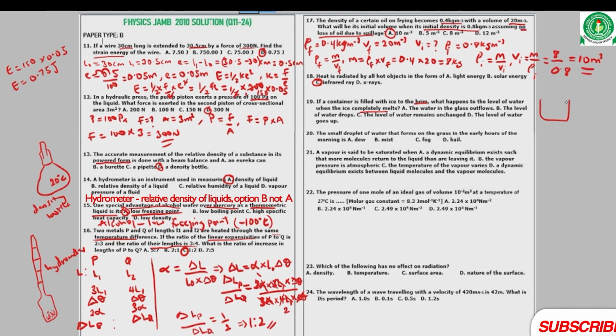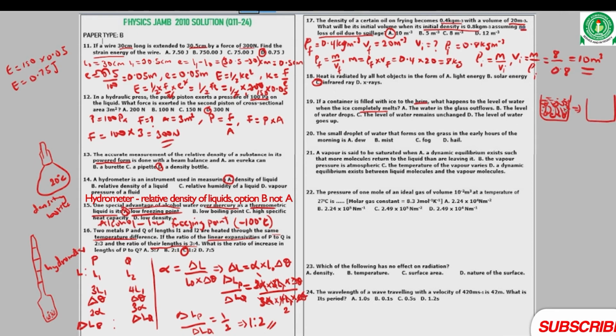When a container is filled with ice to the brim, and it melts completely, what will happen to the level of water? Will the water overflow or be at the same level? When the ice melts, what becomes of the water?